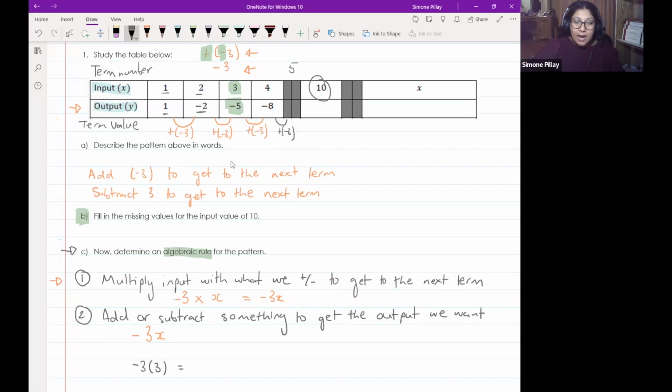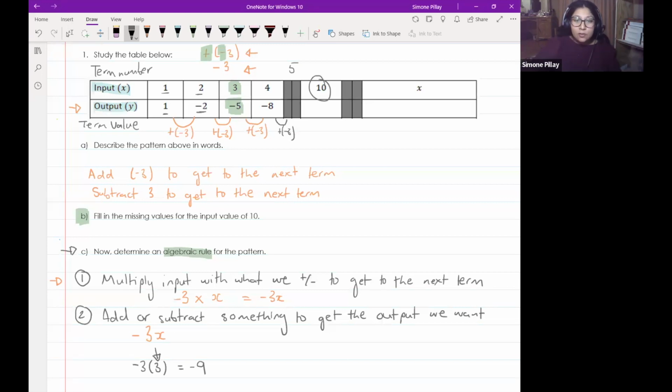But so far, -3 times 3 is going to give me -9. What is the output we want, guys? When my input is 3, can somebody tell me what output we want? 100%, Uma. We want it to be -5. Itandile, not just 5, -5.